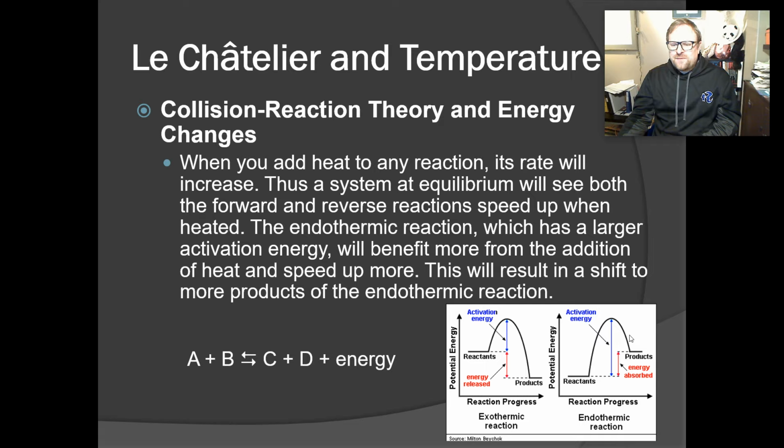Because it has enough energy to overcome that activation energy. The opposite is true if we take away energy. If we take away energy, there's going to be a better chance of these particles colliding with the right amount of activation energy in order to make products. And so that's going to shift it in the direction of the exothermic reaction. Hope that makes sense.